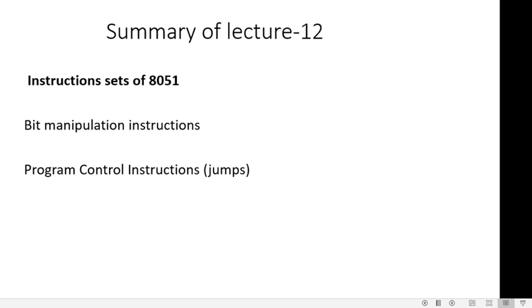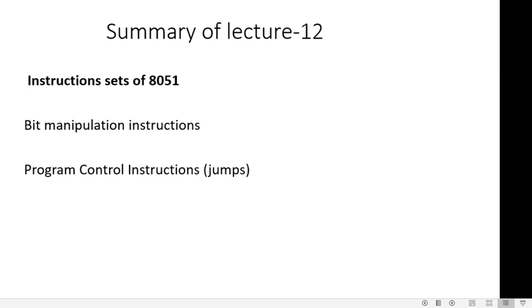So, what is the summary of today's lecture? We learned 2 different instruction sets of the 8051, bit manipulation instructions and program control instructions. In program control, the most important instructions are the jump instructions, which include conditional and unconditional jumps. When you talk about bit manipulation, it is possible to manipulate a single bit.